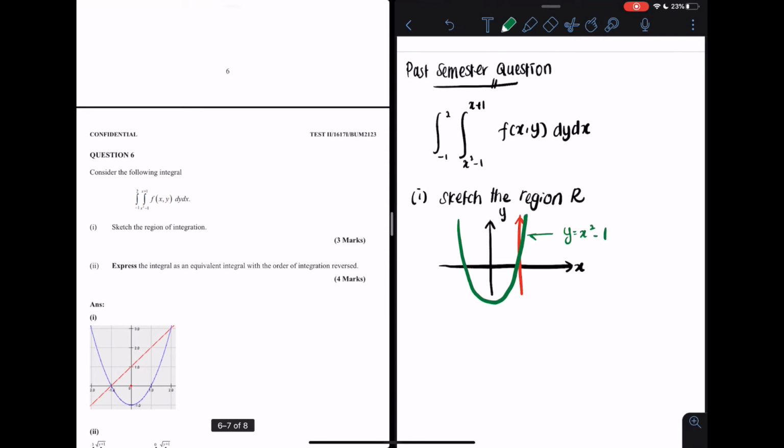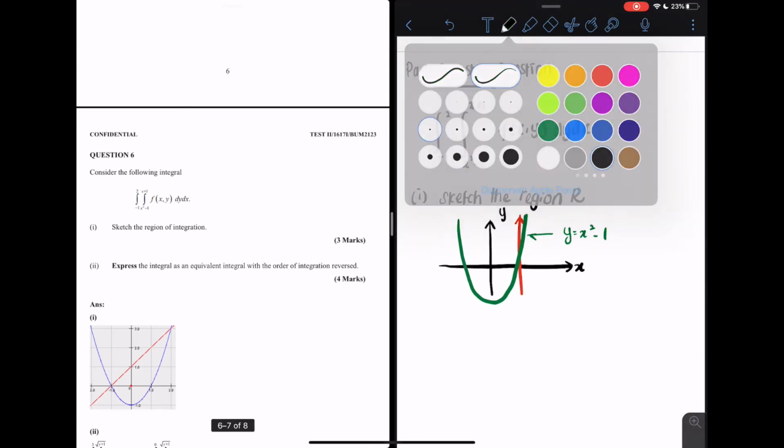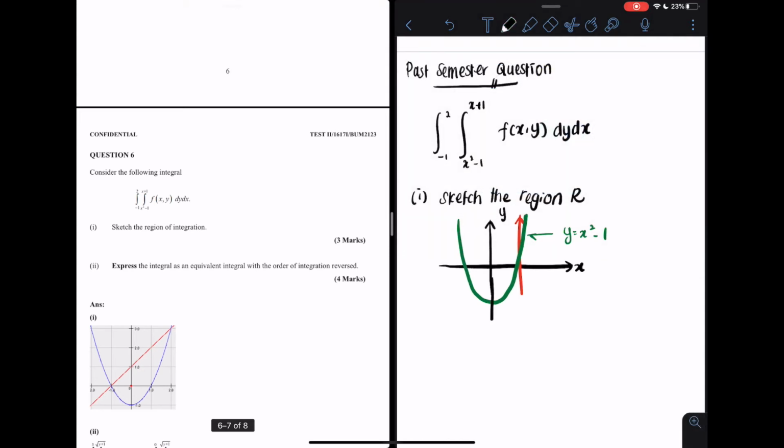Okay, and then maybe you can try to determine the x-intercept and y-intercept of this parabola. The y-intercept is as simple as letting x is equal to 0, you will get y is equal to negative 1. And then the x-intercept, the intersection point at the x-axis, can be determined by letting y is equal to 0.